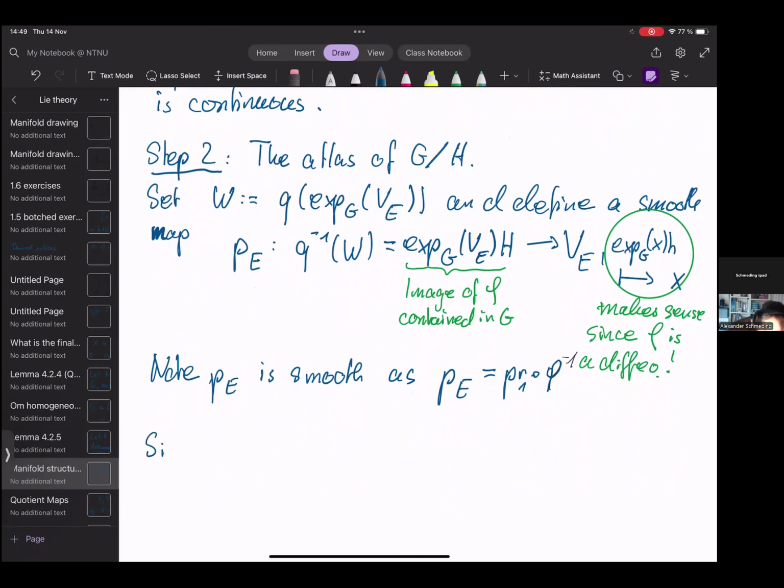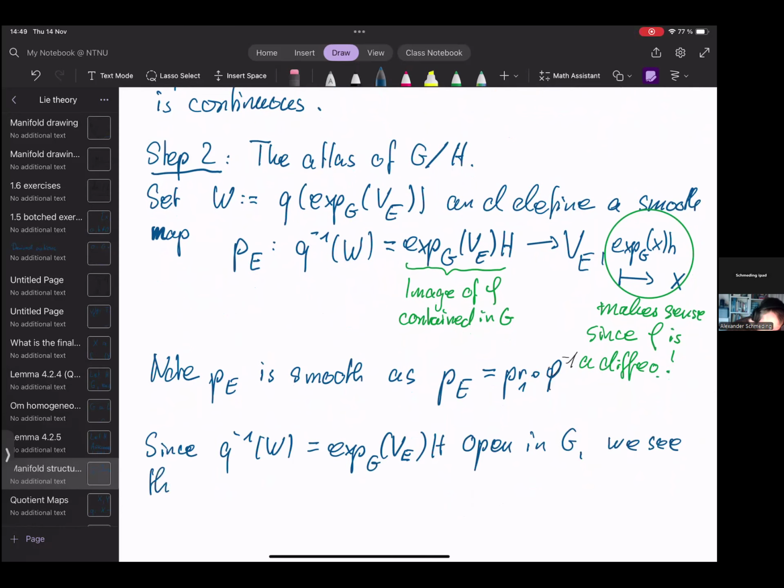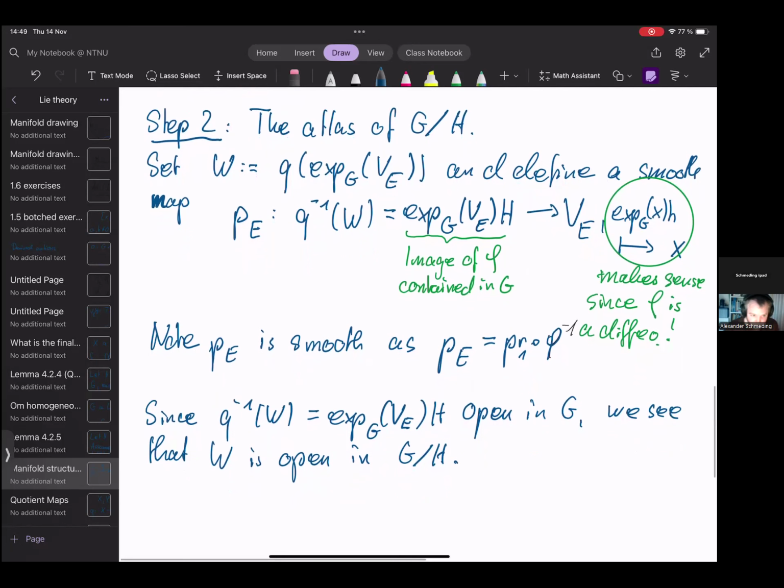And since the pre-image of W is the set XG VE times H, this is an open subset in G. We see that W is open in G mod H, because in the quotient topology, remember, we just need to check whether the pre-image under the quotient map is open, then the set we are checking for will be open in the quotient.